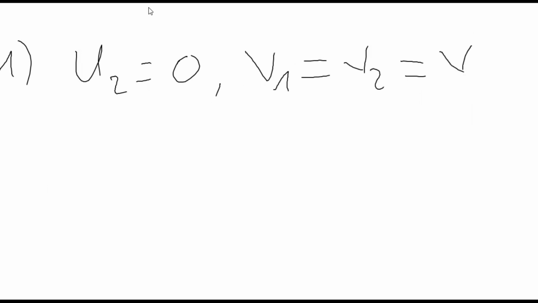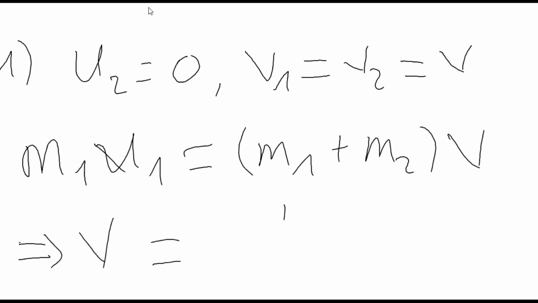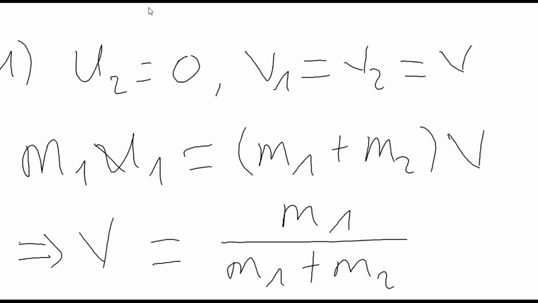If that is the case, the law of conservation of linear momentum will become m1 u1 equal to m1 plus m2 times v, and from here the velocity will be m1 on m1 plus m2 times u1. Clean and clear, I hope so.